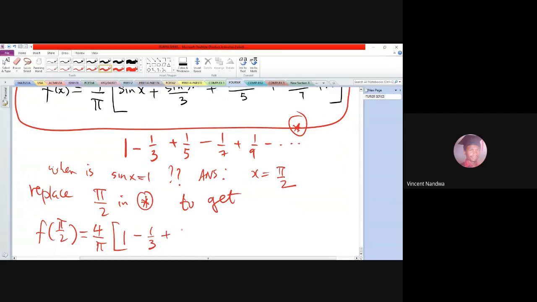Next one we get positive 1 over 5, next one minus 1 over 7, next one plus 1 over 9, minus 1 over 11, plus etc.